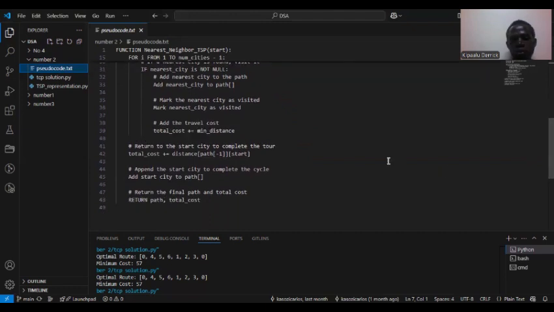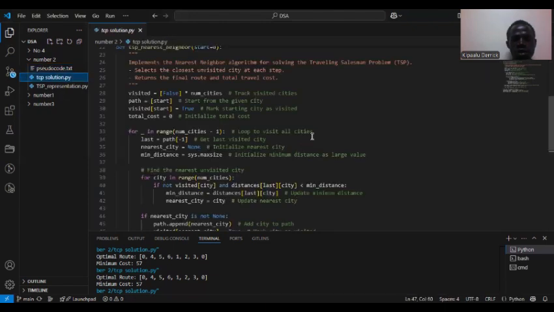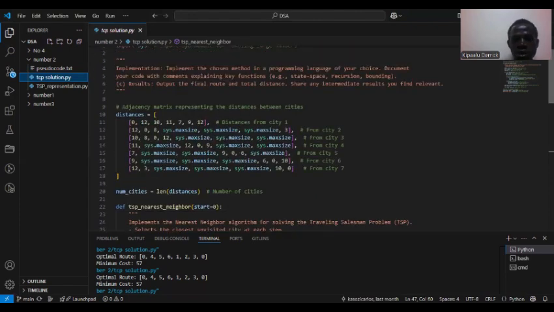With our code here, this is our adjacency matrix representing the distance between the cities, as my colleague talked about. And then this is our function.